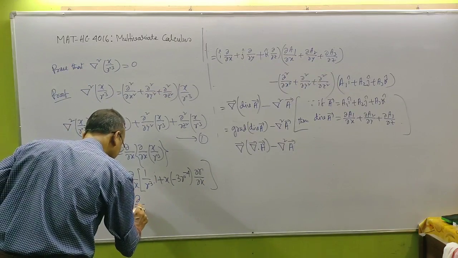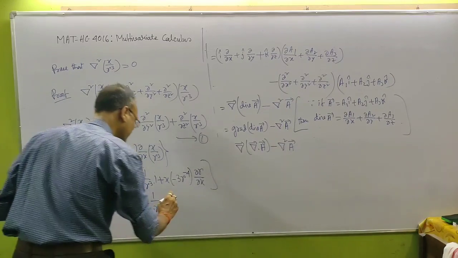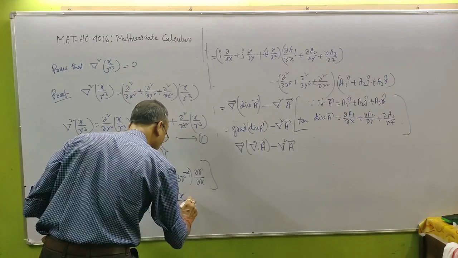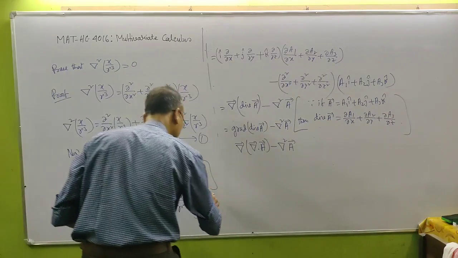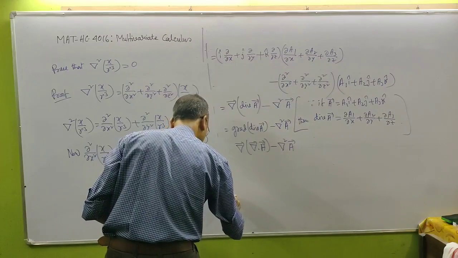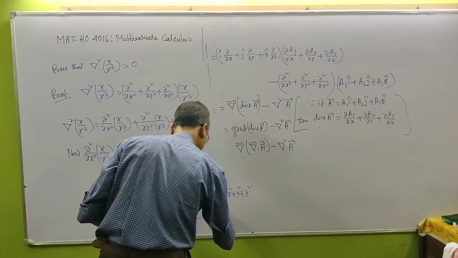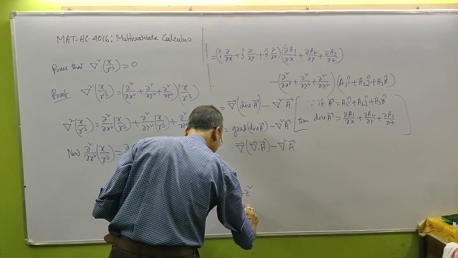This is equal to del by del x of 1 by r cube minus thrice x by r to the power 4, del r by del x means x by r. You may write x by r. Since r square is equal to x square plus y square plus z square, therefore 2 times r del r by del x equal to twice x.